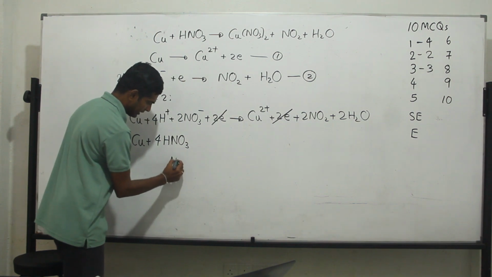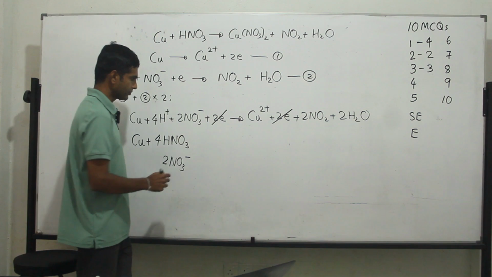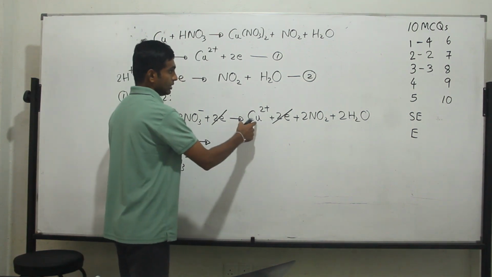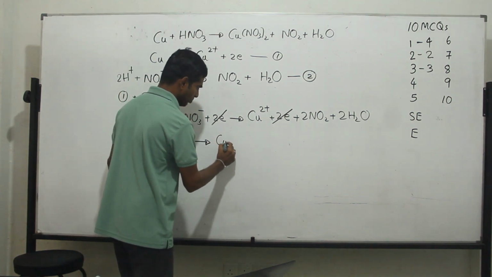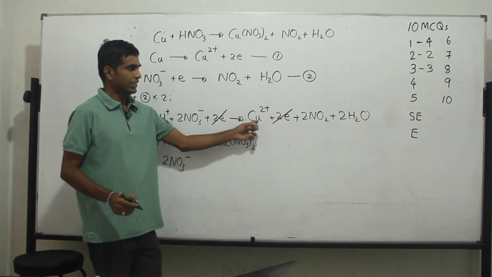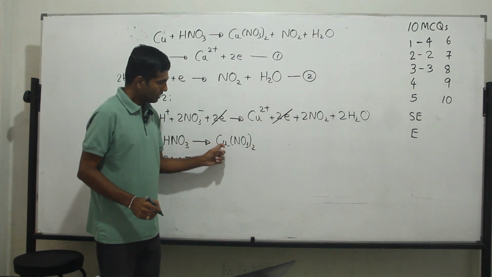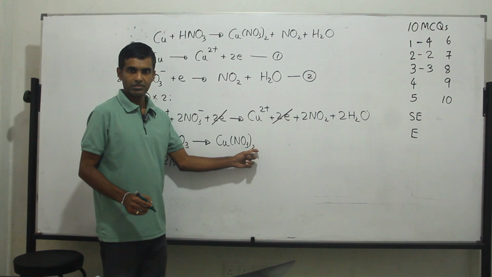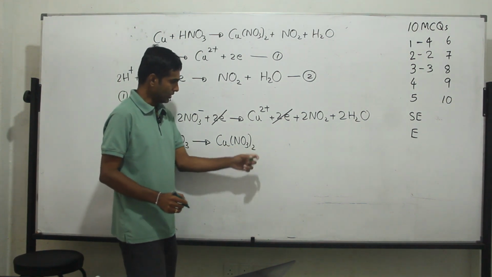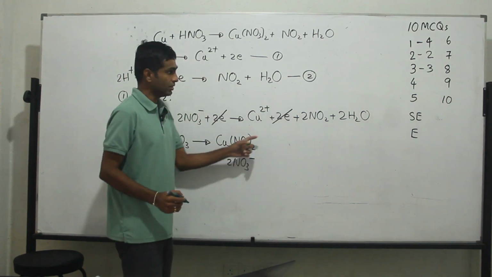So there are 2 nitrate ions excess in the reactant side. Product is cupric nitrate. We need 1 cupric ion, so there should be 1 cupric nitrate. So there will be 2 nitrate ions excess in the product side.